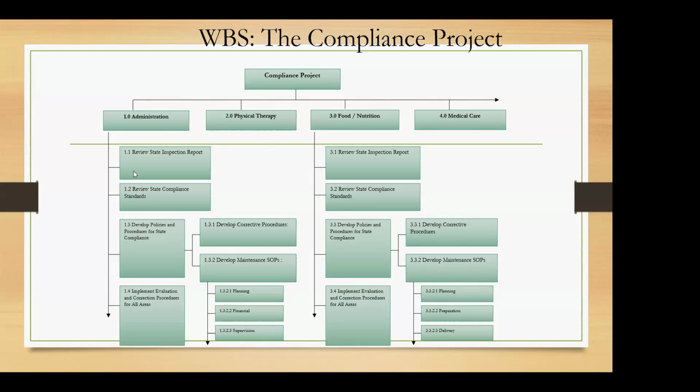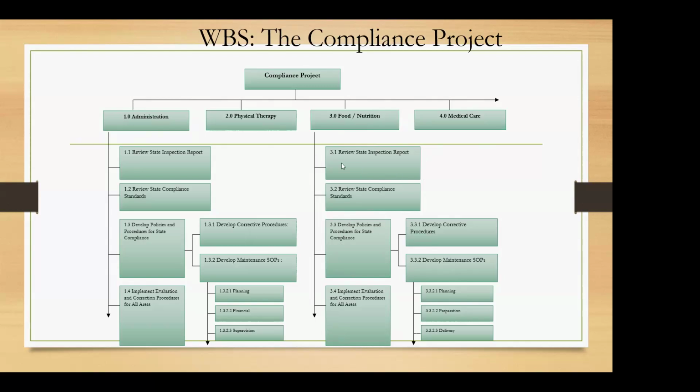Okay, so what do you get from this compliance project? So we have 4 main areas. You have the administration, you have the physical therapy, food and nutrition, and then the medical care. So you can see how they have broken down. Say, let's take food and nutrition into 4 stages, or the four planning processes maybe.